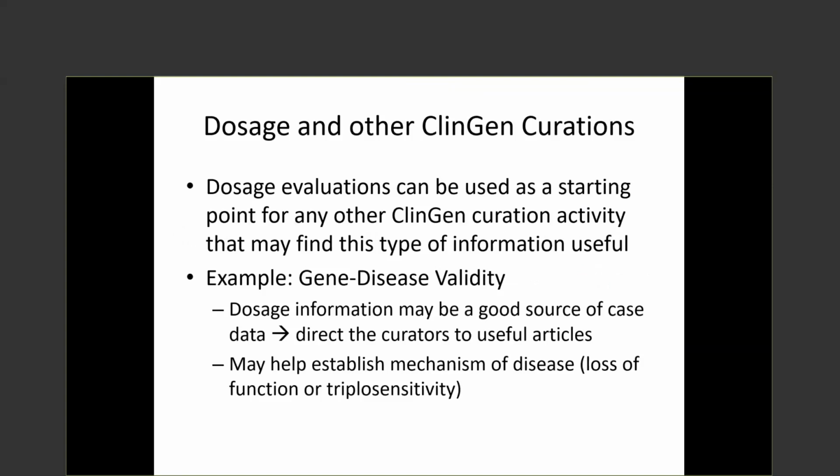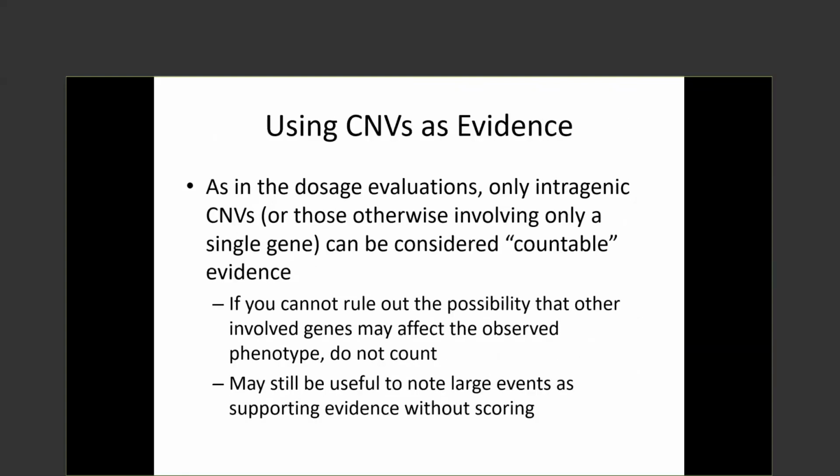You could consider it kind of like a starting point as you begin your search for cases. This type of information can at the very least point you in the direction of some useful articles, but could also help you establish the mechanism of disease if it is indeed loss of function or triplosensitivity.